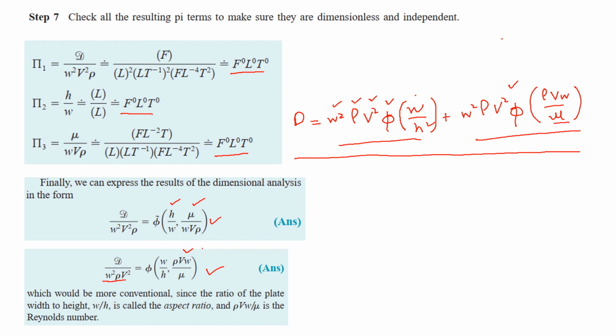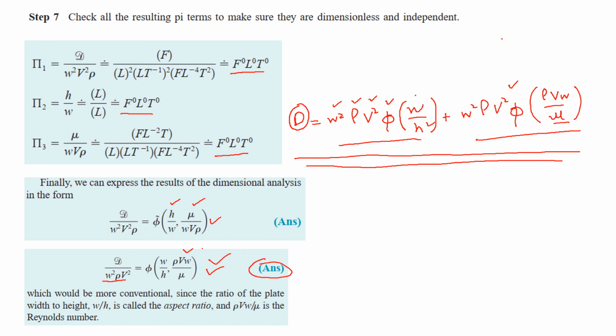What will be the effect of these variables on the total drag force subjected on the plate when I change them? This is how we are going to represent our final result.